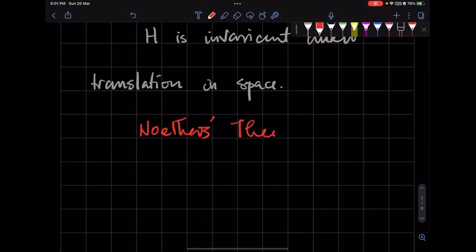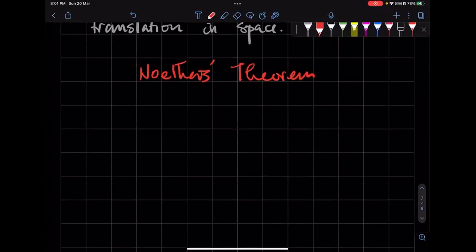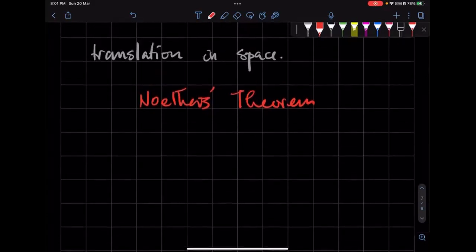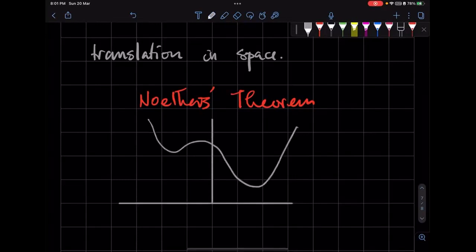This is something you should understand even classically. Noether's theorem was originally a classical theorem. Even in classical Newtonian physics, suppose you have a system which doesn't have any friction, but it has some potential like this, V of x, and the particle starts here.